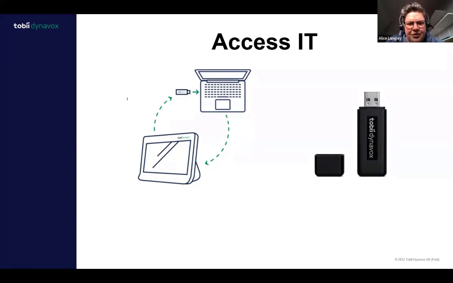So the idea is that, let's say we've got an eye gaze or a switch user and they want to control a different computer, whether it's for writing something, or contributing to something on an interactive whiteboard. What you can do is plug this dongle into the computer that they want to access. And via Bluetooth, it sends keystrokes via the TD Snap. You can send keystrokes and mouse moves to another device.